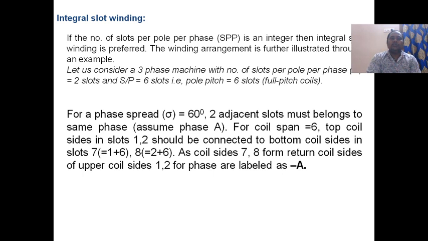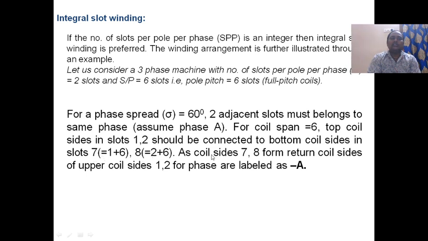Adjacent slots must belong to the same phase. Adjacent slots mean slot 1 and slot 2 have the same phase. The coil span is equal to 6. If the top coil sides are in slots 1, 2, they should be connected to bottom coil sides. The given coil span is 6. 1 plus 6 is equal to 7, 2 plus 6 is equal to 8.